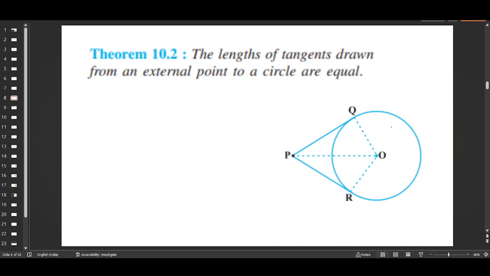Here the circle is given with center O and point P lying outside the circle. Look at this figure.